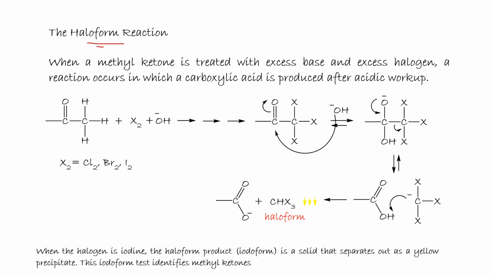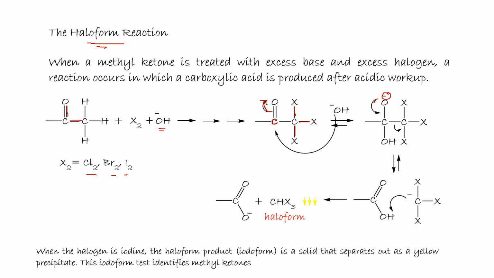Haloform reaction. If we have a carbonyl compound with an alpha methyl group attached to it, in the presence of chlorine, bromine, or iodine and base, this reaction will go on until you form the trihalo compound. Then the OH minus will attack the carbonyl to form this anion.